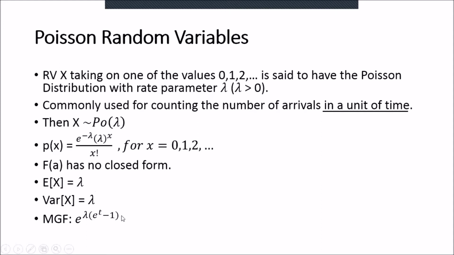And if you want to get the moments for a Poisson random variable, if you're only given the moment generating function, then you will need to take the first derivative of this function with respect to t and evaluate it at t equals 0. This will lead to the expected value of x, which is lambda. And we know this will also be equal to the variance.